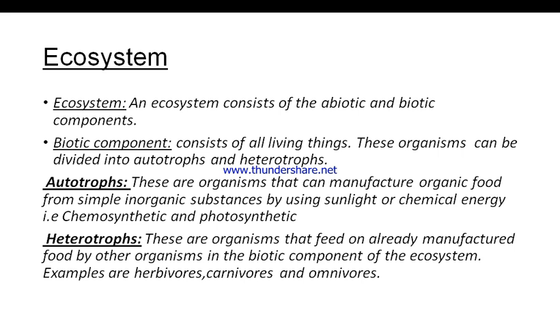For the heterotrophs or consumers, as in economics, consumers are the ones that buy from the producer. In biology, consumers feed on food already manufactured by other organisms, maybe the producer or organisms like themselves.